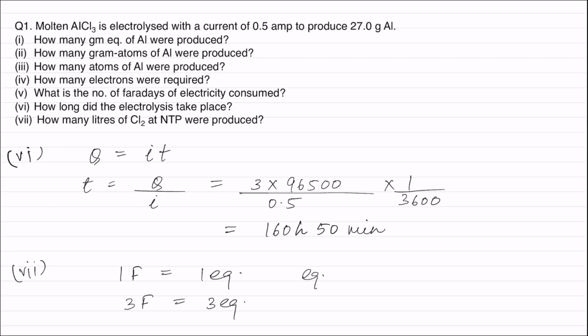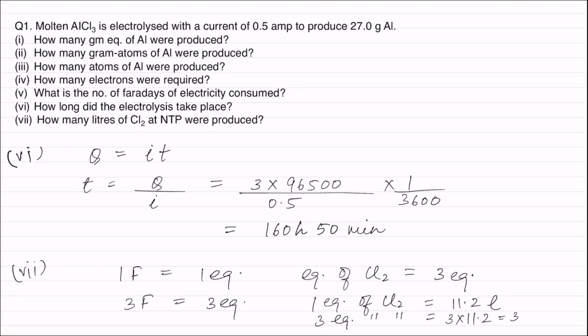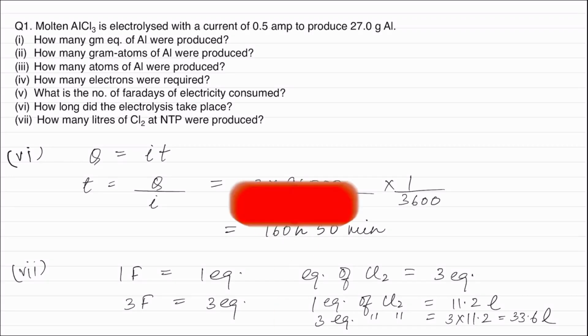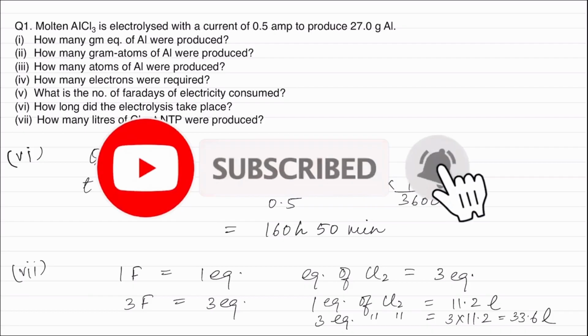Now, 1 equivalent of chlorine occupies volume equal to 11.2 liters. Therefore, 3 equivalents of chlorine will occupy the volume equal to 3 into 11.2, which is equal to 33.6 liters. Therefore, volume of chlorine produced at NTP is 33.6 liters.